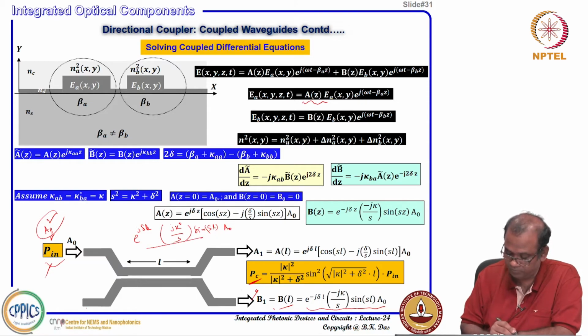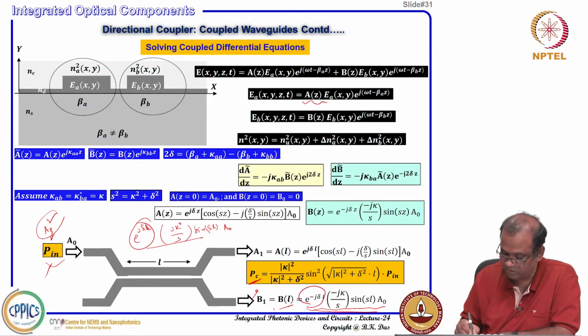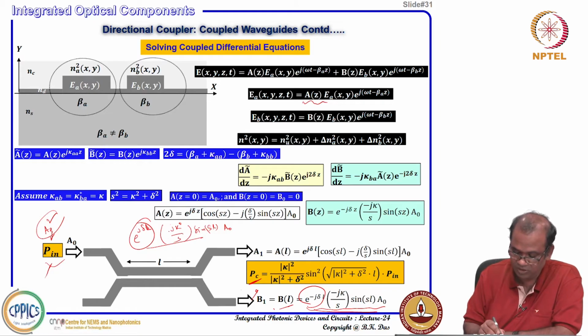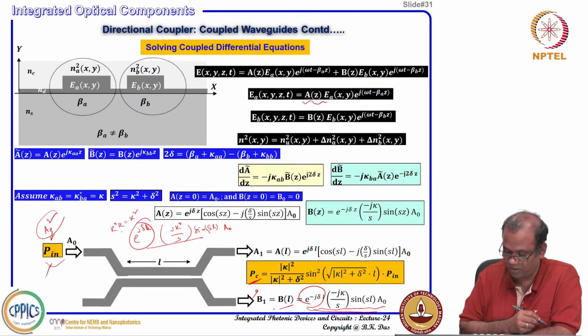You multiply with this one, e to the power j delta L, this phase information will be cancelled, j times minus j, so it will be k k star, basically k square. Kappa, not k, it should be kappa, kappa square.